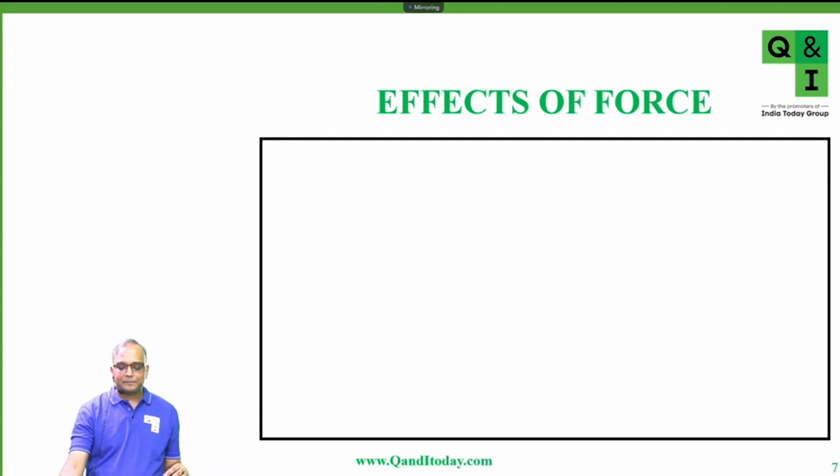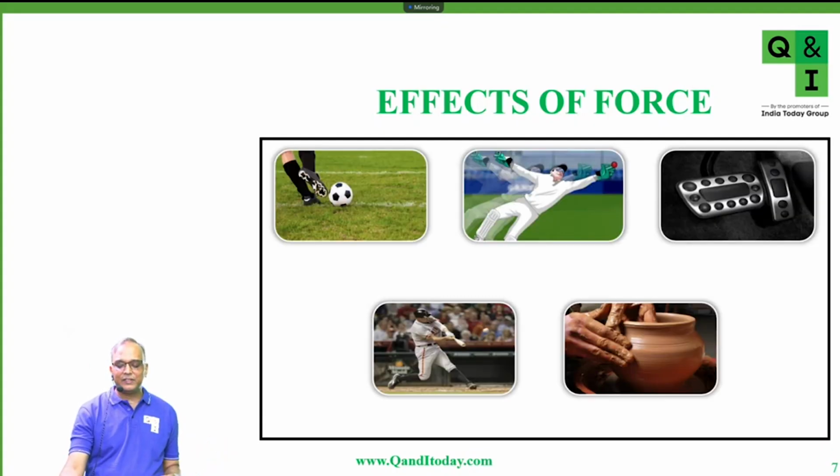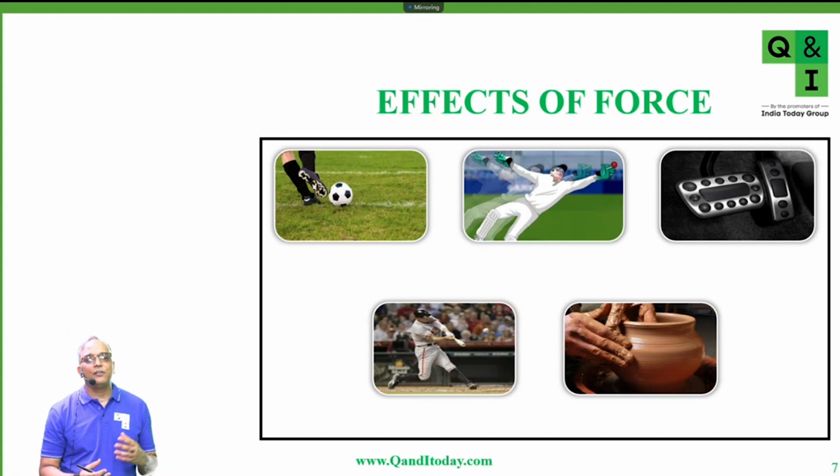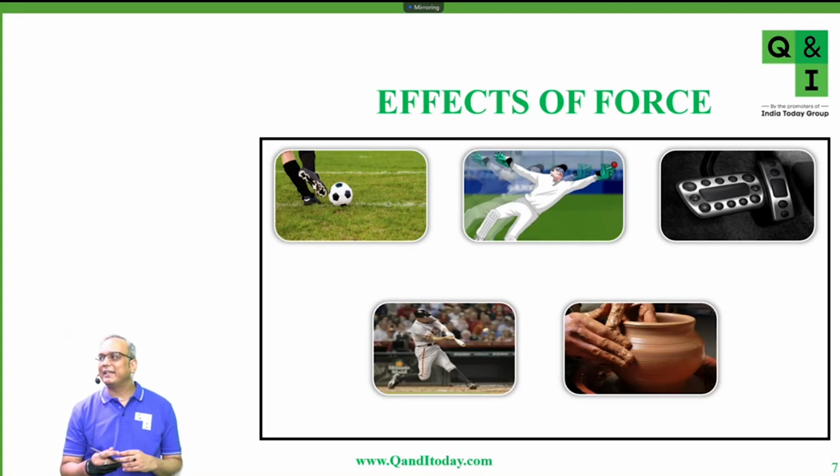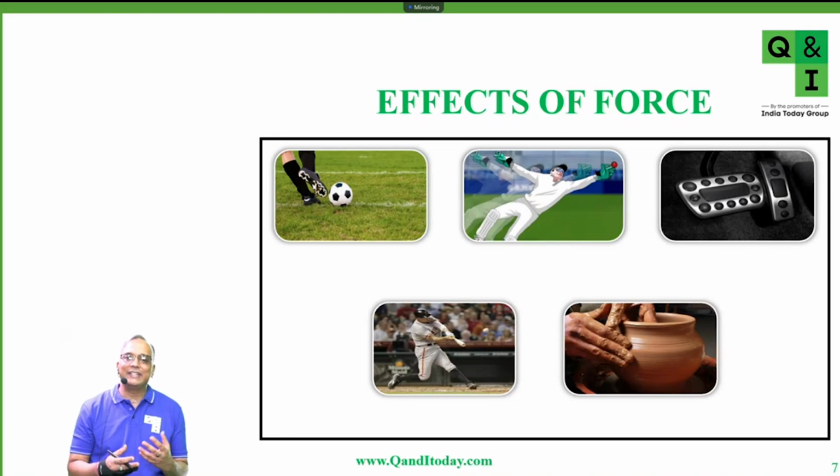And if we summarize each of these, we saw all of these effects of forces. The first effect was that when a force is applied on a body at rest, the body starts moving. When a force is applied on a moving object, it may come to rest. When a force is applied, the speed may change. You can increase or decrease the speed by applying the force.